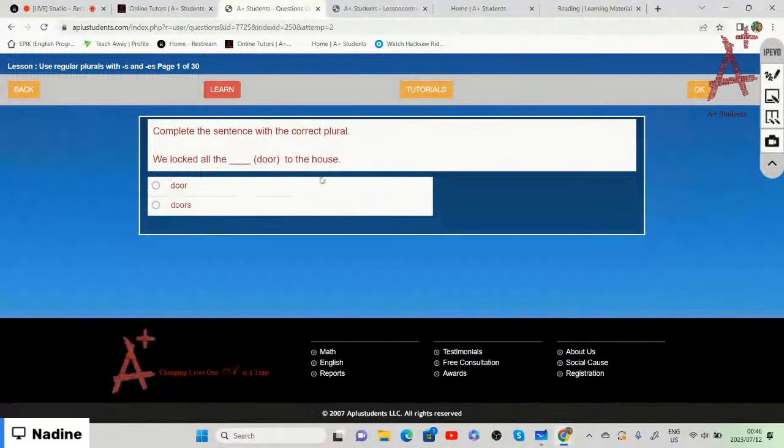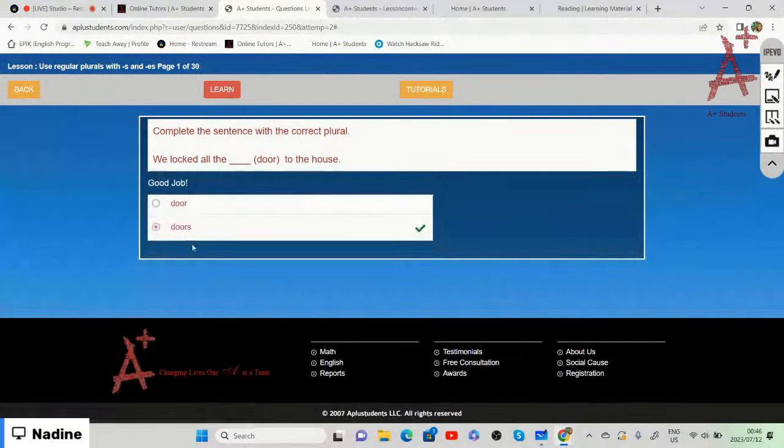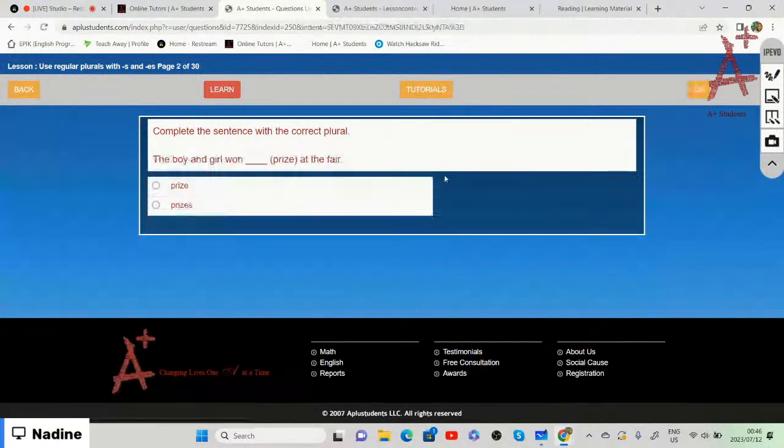So is it all the door or all the doors? All right, so we lock all the doors, right? And we added an S to make the word plural. So one door, the plural of door is doors.